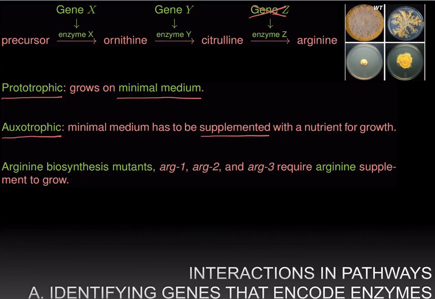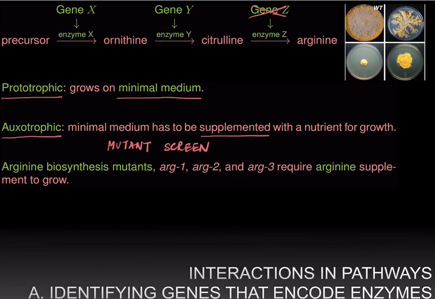And so one basic way of discovering genes is to carry out what's known as a mutant screen, where the mold or whichever organism that we happen to be studying is mutagenized using X-rays or other mutagens in order to create mutant strains, and then those strains are tested for growth on minimal medium.